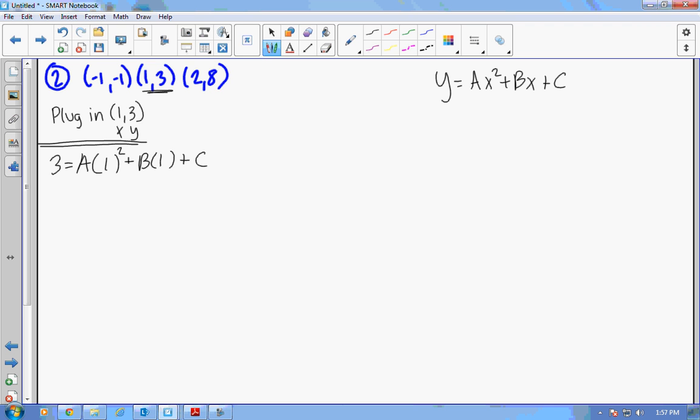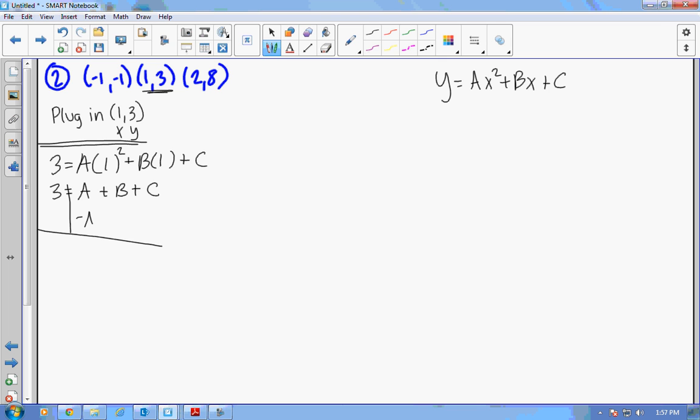Okay. So we get 3 equals 1a plus b plus c. That's why you'd want to use the 1, because the equation is pretty simple. How do we solve for c, Ryan? Good.